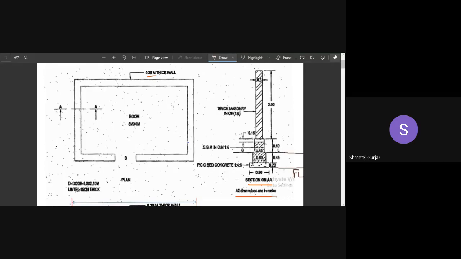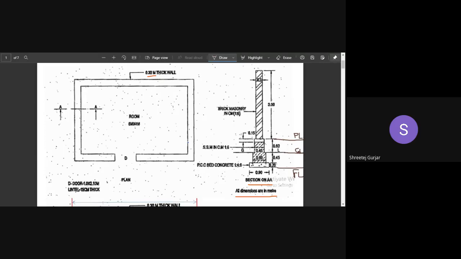This is your ground level; they will mention the ground level compulsorily. Next, can you identify the plinth level? The plinth level is here. You can mark it in your figure if you want. So I have marked the various levels, which is one part of your levels. Next, coming to the next part.